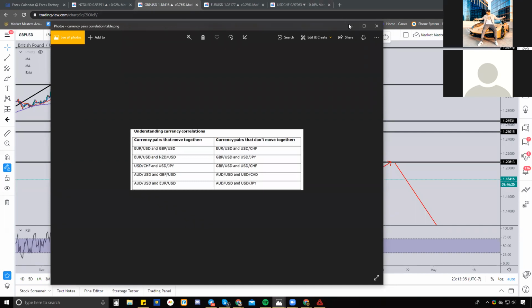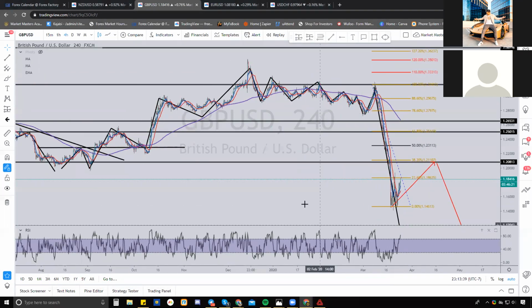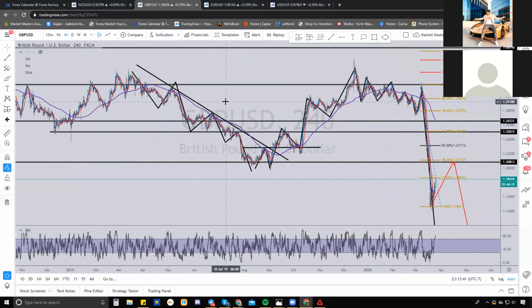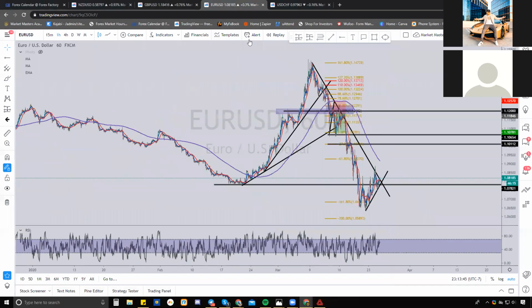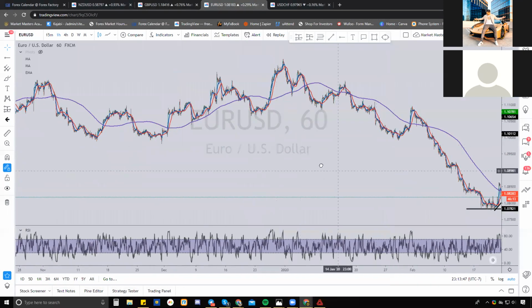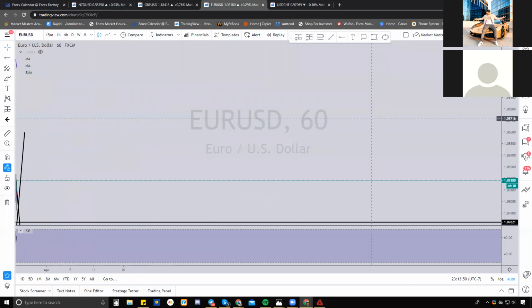So the way that I would see it with correlation pairs is, and this is obviously something you would have to be advanced on to understand what I'm talking about. Pretty much, let me move this over.